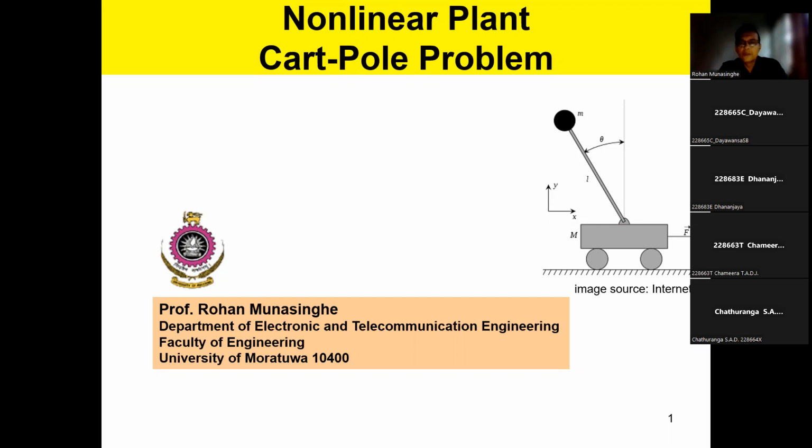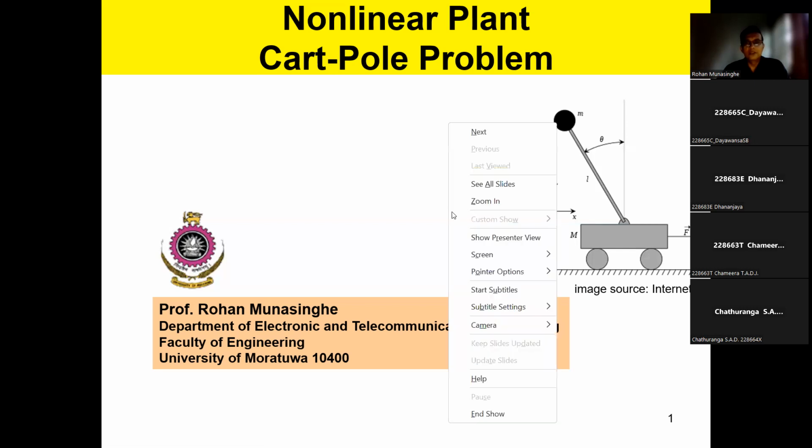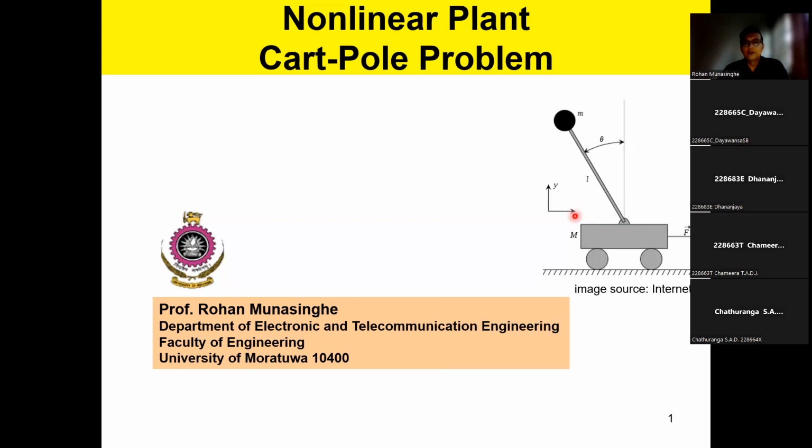And you can see the angle theta, positive angle, and the direction of motion x and y. You can see all these labels there, x and y, and this is the force. There is some sort of driving mechanism to drive the cart back and forth.